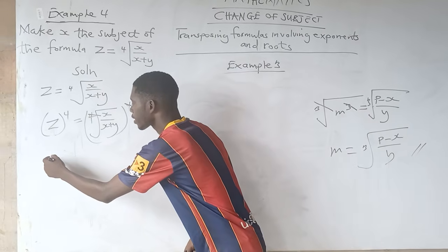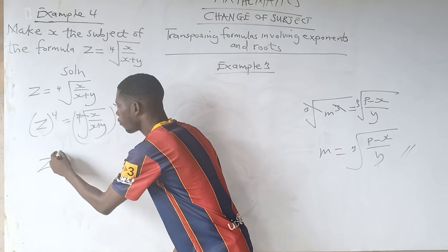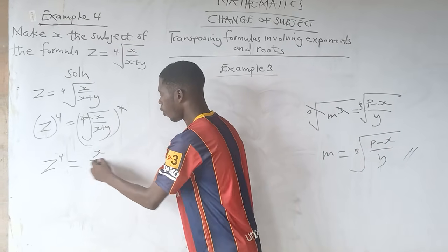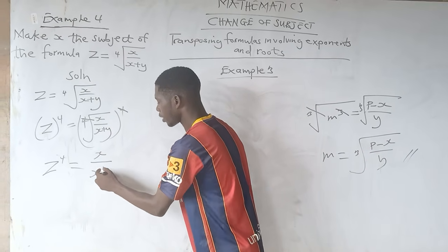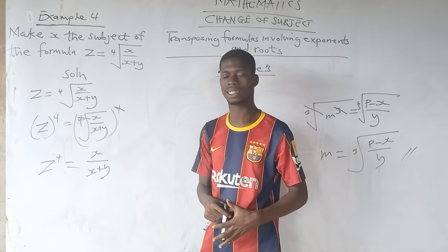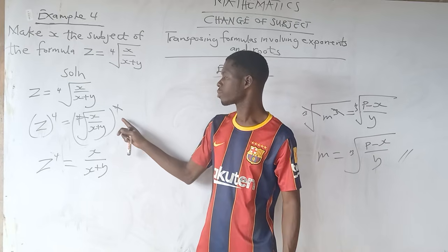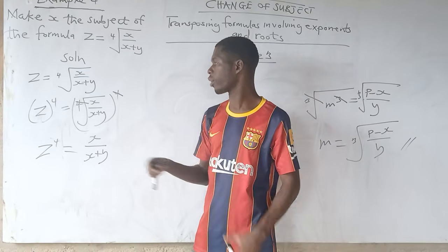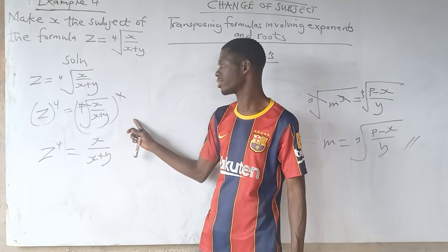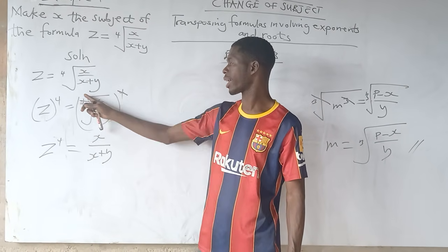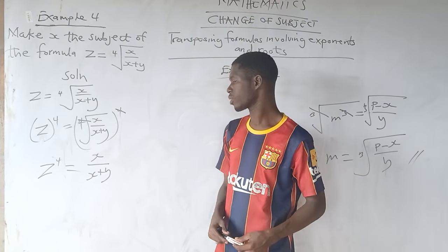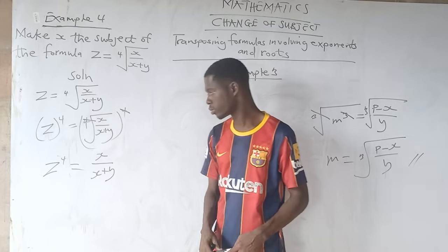So we get z to the power 4 equal to x over x plus y. We bring power 4 to all of them, to the one on the left hand side and to the one on the right hand side. So the power 4 here will cancel the fourth root and that one will remain there. Okay, so now what do you have to do?